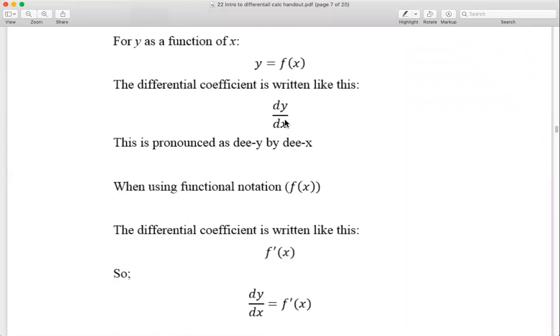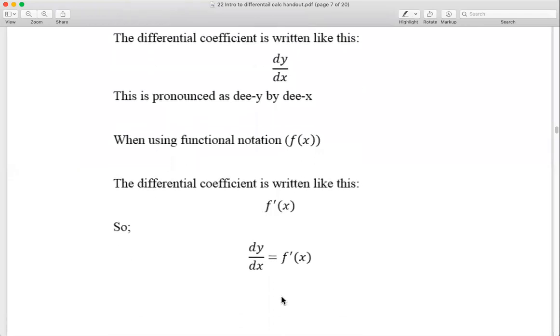So we can either write dy by dx, or f dash of x. Those two expressions are equal to each other. In some situations, we'll be using dy by dx. In other situations, we'll be using the notation f dash of x.